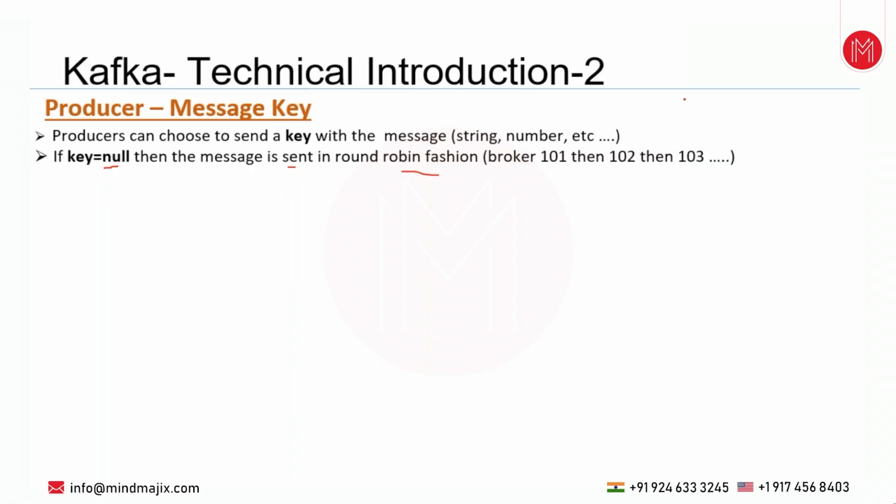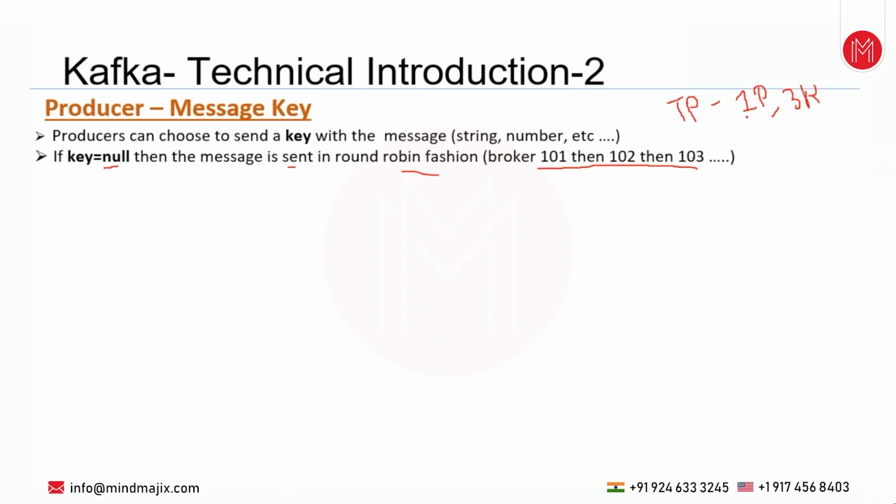For example, I have a Kafka cluster with 3 brokers, broker ID 101, ID 102, ID 103, and I have created a topic with 1 partition, and this topic has a replication factor of 3.